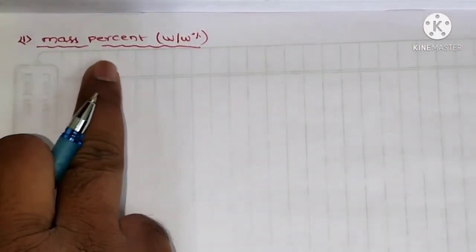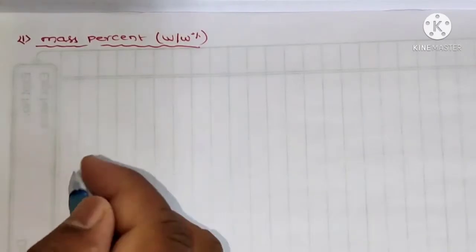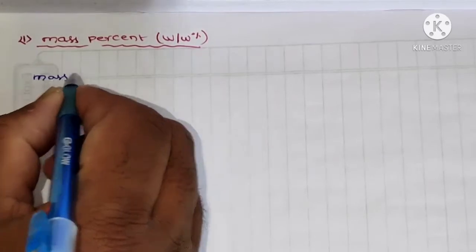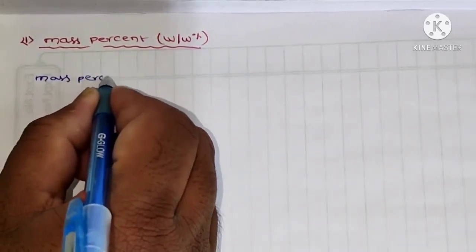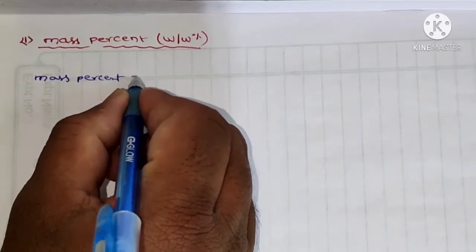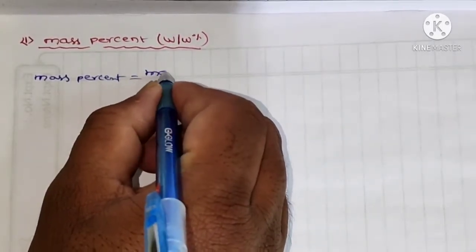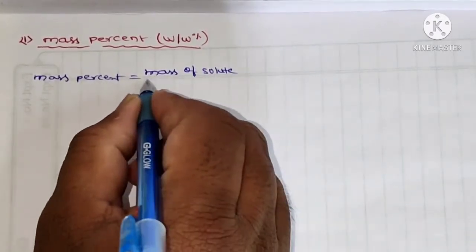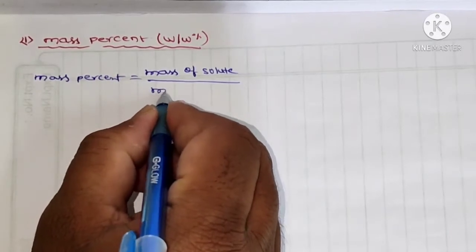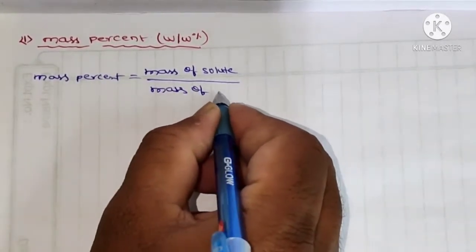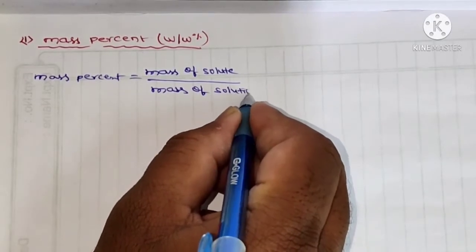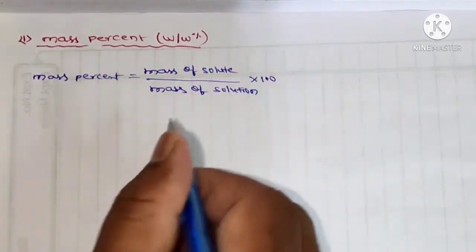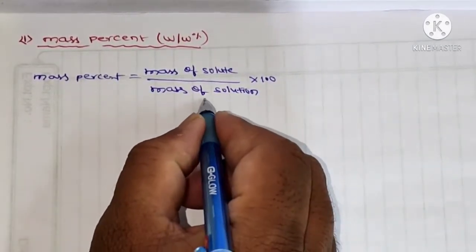The formula is: mass percentage is equal to mass of solute divided by mass of solution, into 100. Here solution means solute plus solvent.